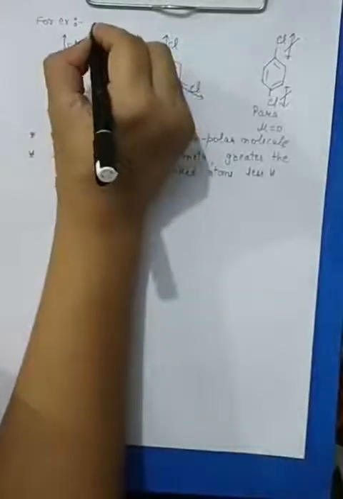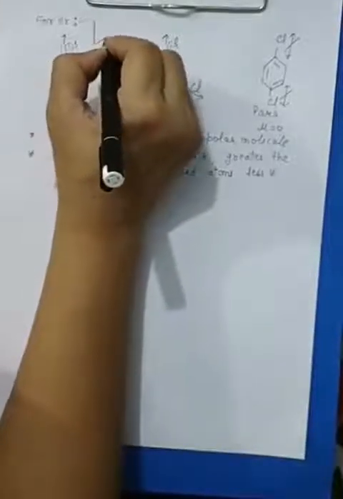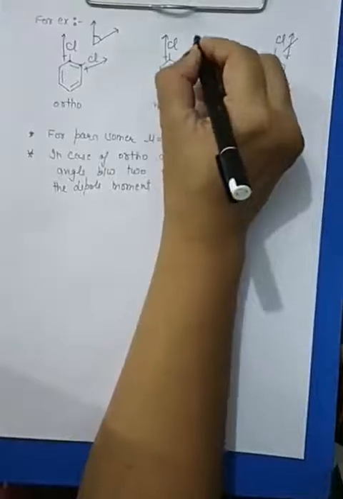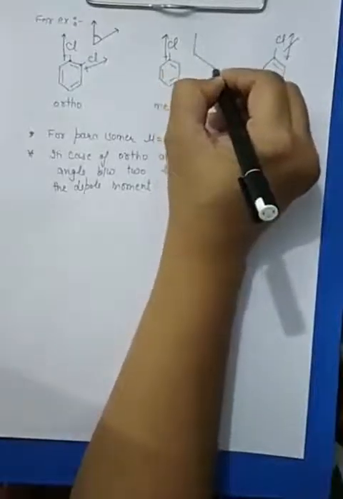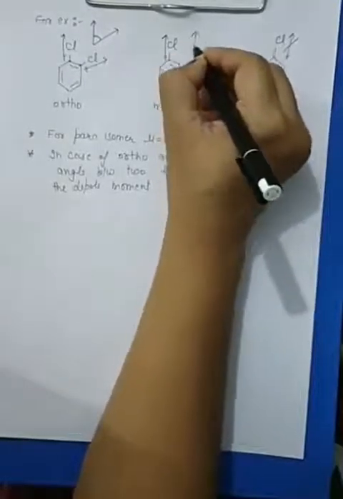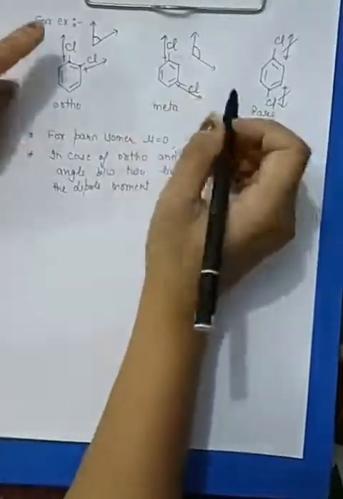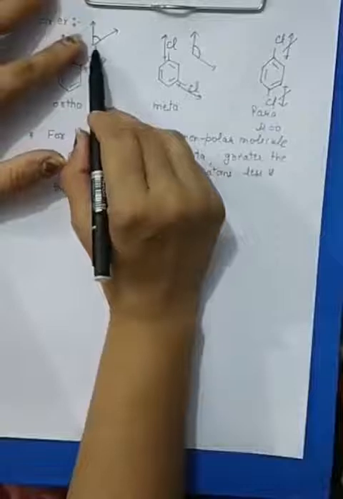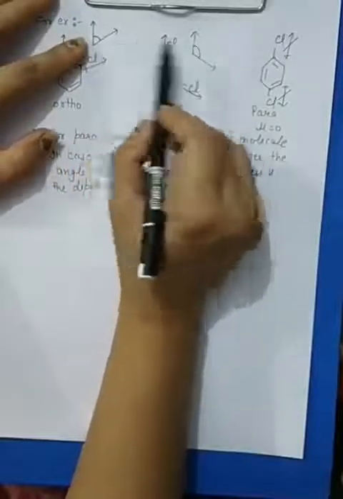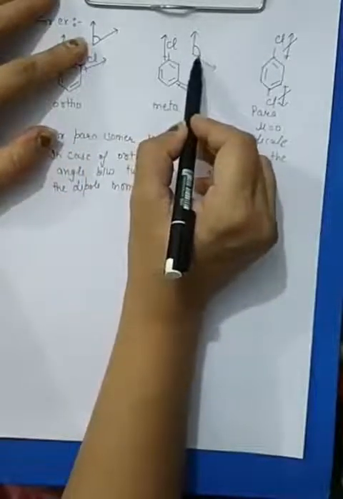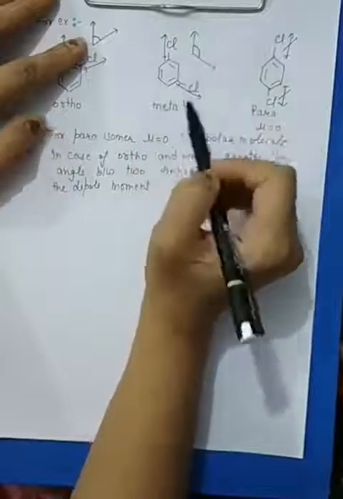So these dipoles are like this. This is the angle between these two bonds, and this one is like this. This is the angle between these two bonds. Hence dipole moment depends upon this angle. If angle is greater, its dipole moment is less.